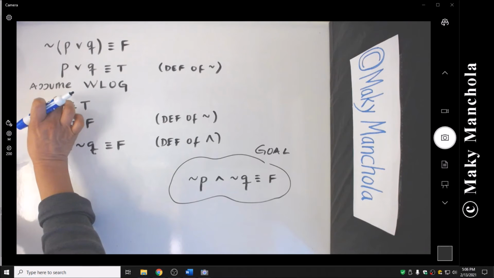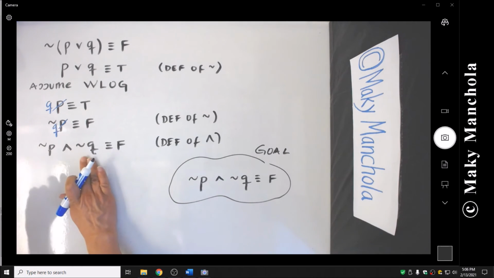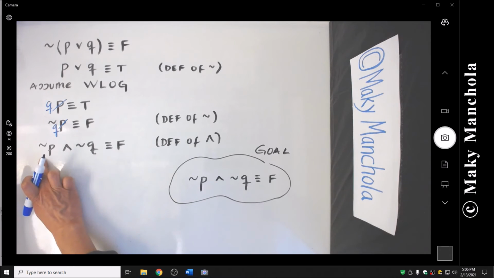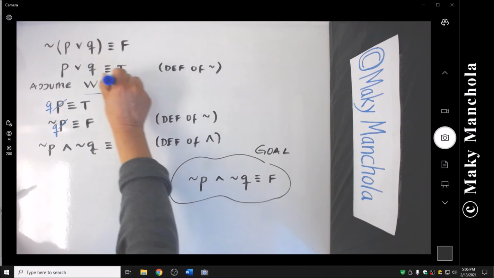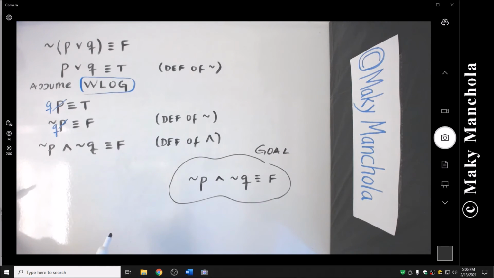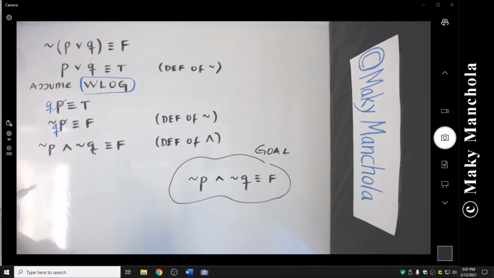So now the negation of Q is true, the negation of P is false. So you have a false here. When you conjunct it with negation Q, you still get false. So this right here is saying it doesn't matter which one you choose to be true. You can choose P to be true, or you can choose Q to be true. You will still get an identical argument eventually.